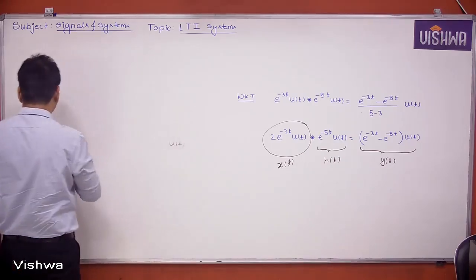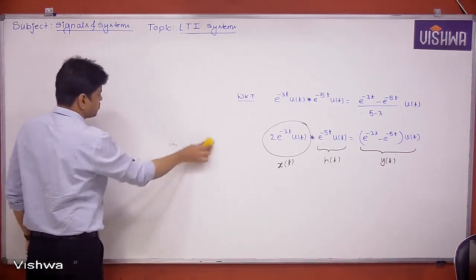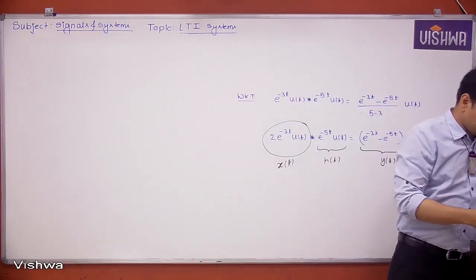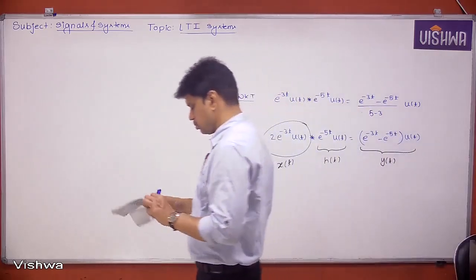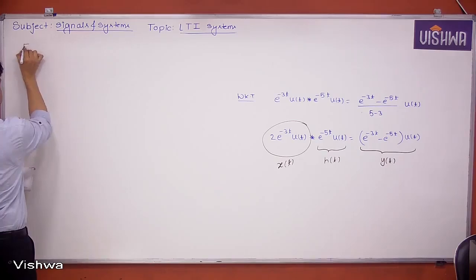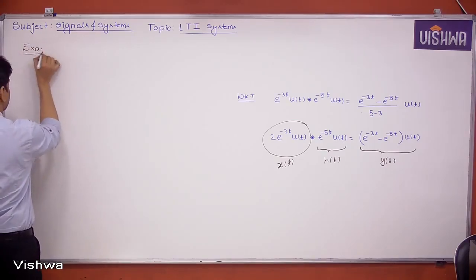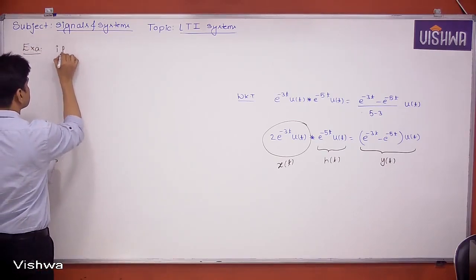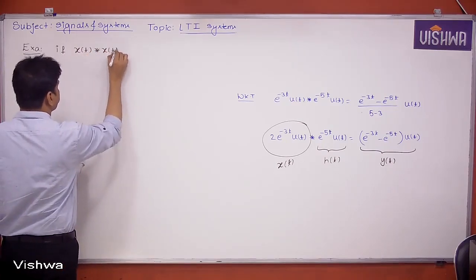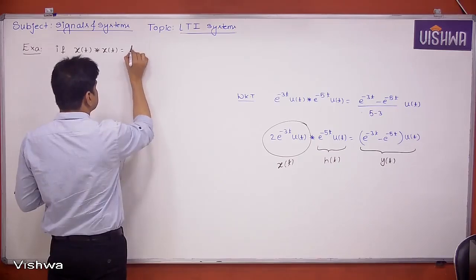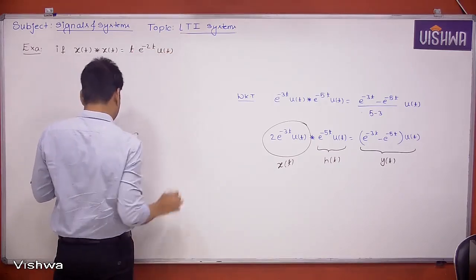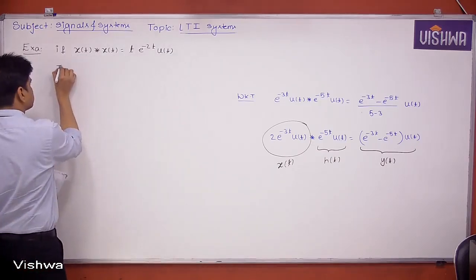Let's see some more examples. If x of t convolution with x of t is equal to t e power minus 2t u of t, then x of t is?